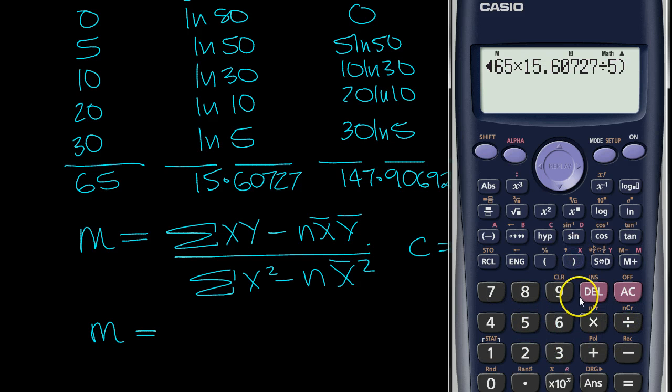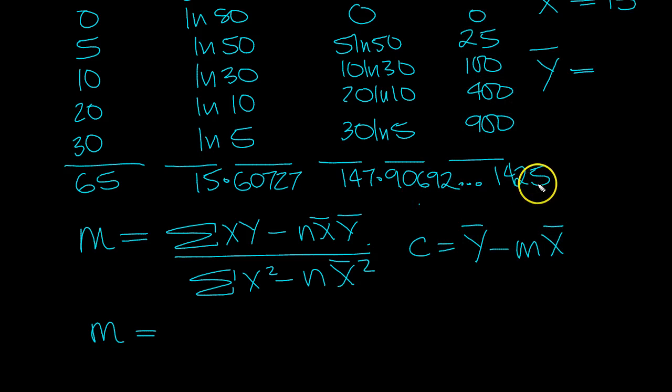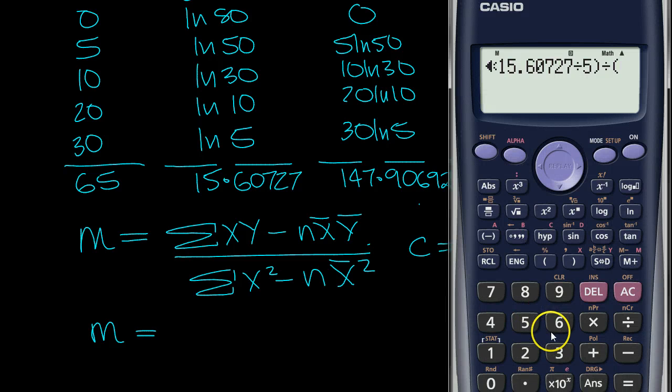That's the top, divided by the bottom: summation of the x squareds, 1425, minus 5 times x bar squared. x bar was 13, so just put it in like that.